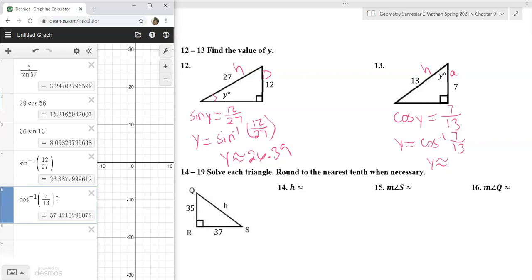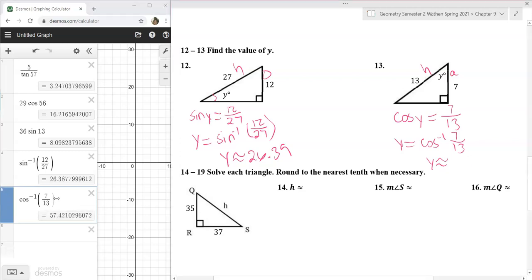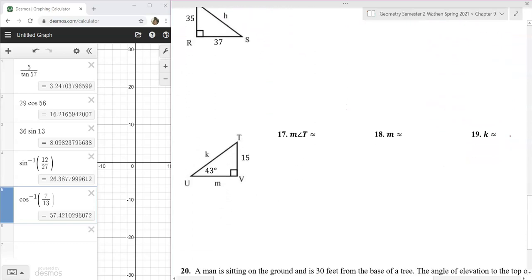And that's 57.42. Which, yeah, that makes sense because it should be less than 90 degrees, and it is. So it looks like a good answer there.